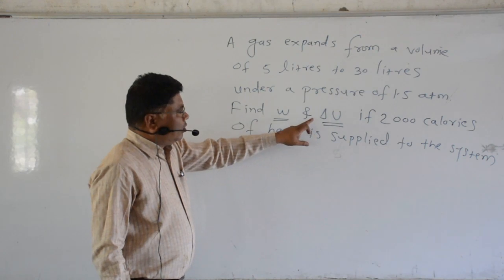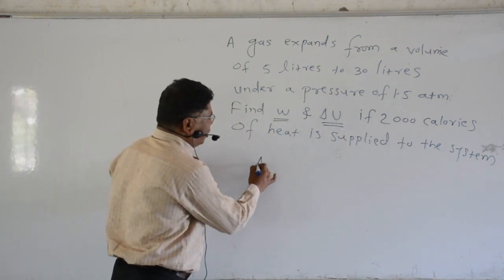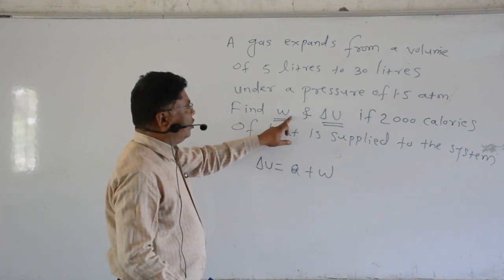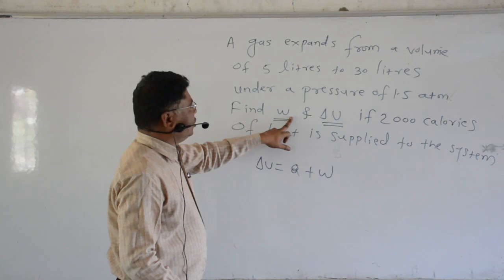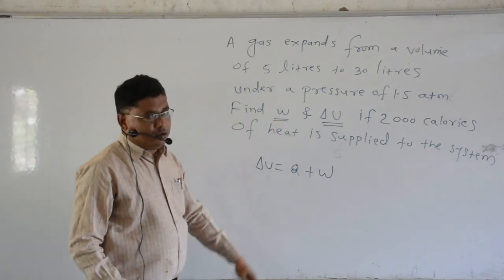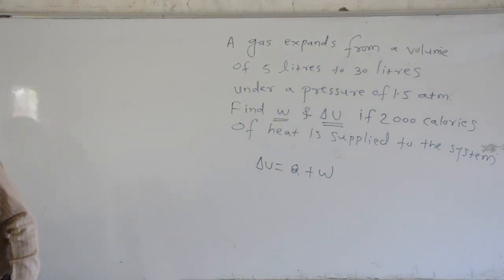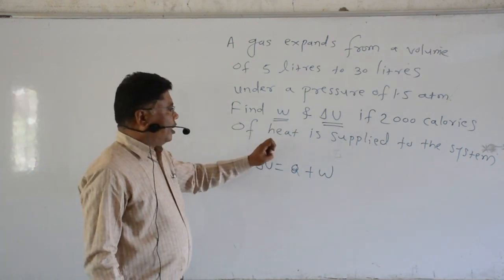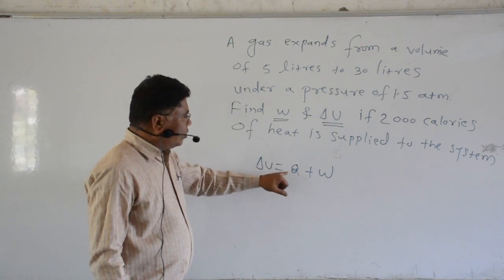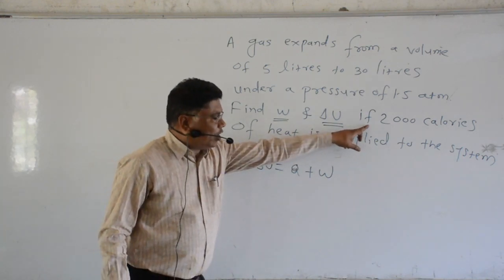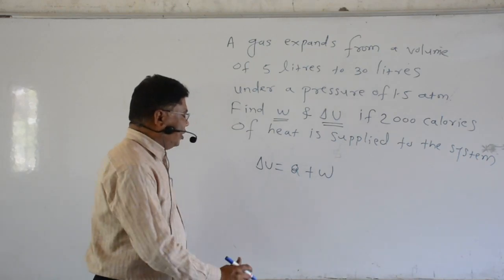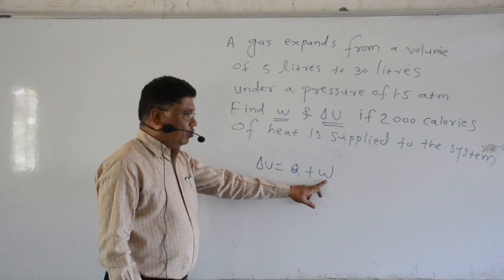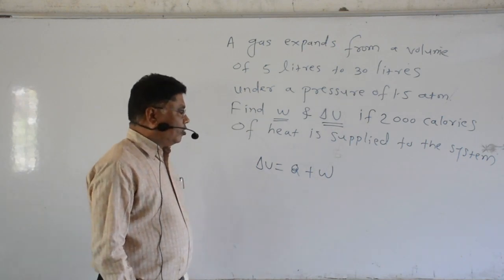Then according to the formula delta U is equal to Q plus W, we can find the value of W by using the equation W is equal to minus P delta V, and then we convert these values of calories into joule, then we can find the value of delta U, similarly the value of W. So this problem is for homework.